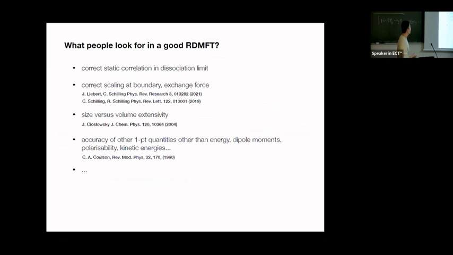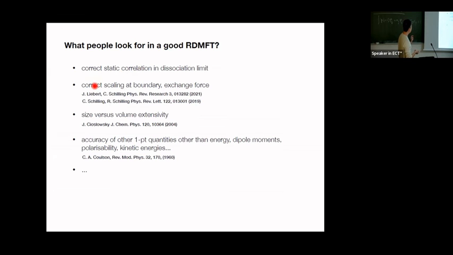And in this slide, I just want to start the conversation because there are many RDMFT experts in the audience. What do we actually look for in a good RDMFT theory? This is independent of whether or not we choose the quantum information motivated approach. First of all, we want the theory to be able to recover the correct static correlation in the dissociation limit. So the mixedness in your 1-RDM should be reflected.